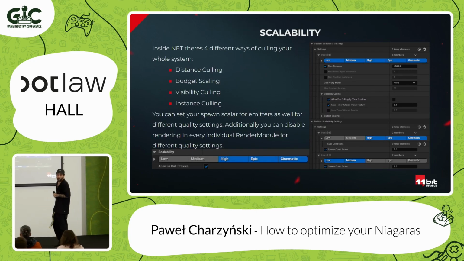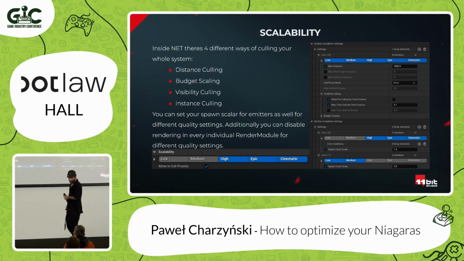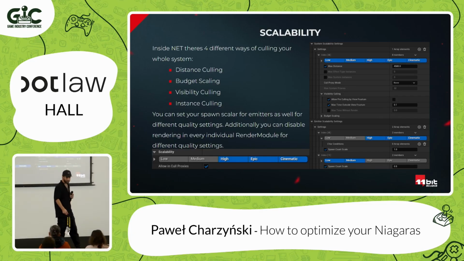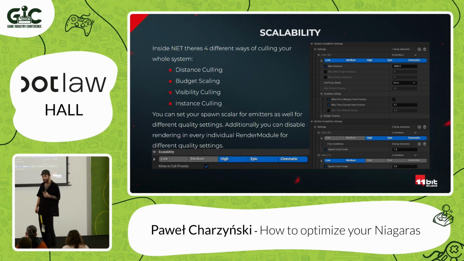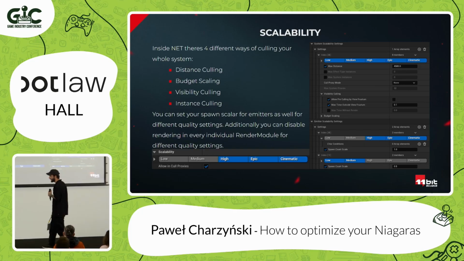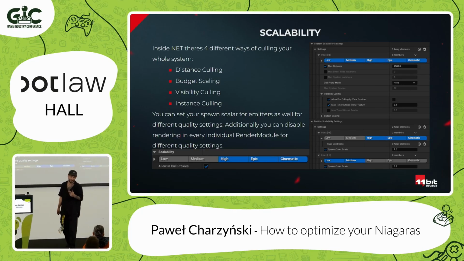So, scalability. As you can see, this is the screen from a Niagara Effect Type itself, from this asset. We can put there 4 different cullings. We have a distance culling, where after some distance we don't render this thing.